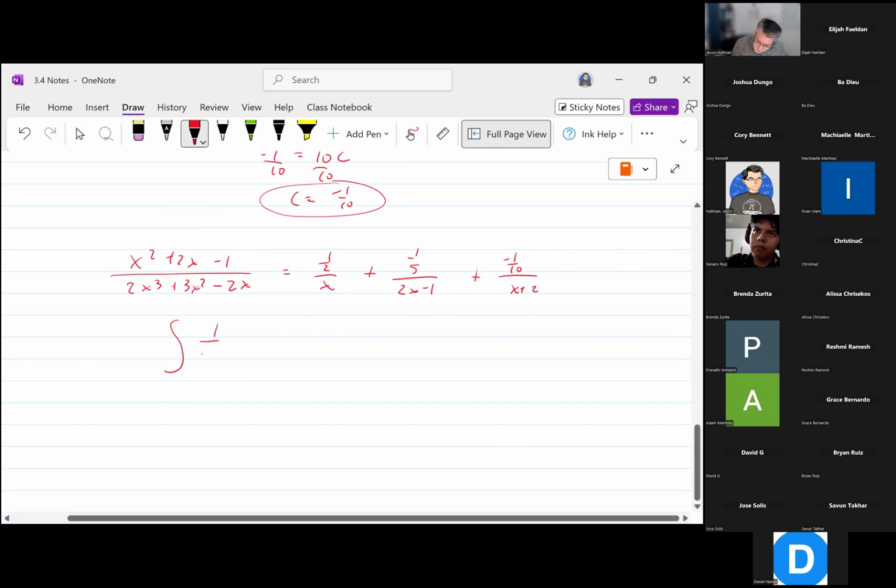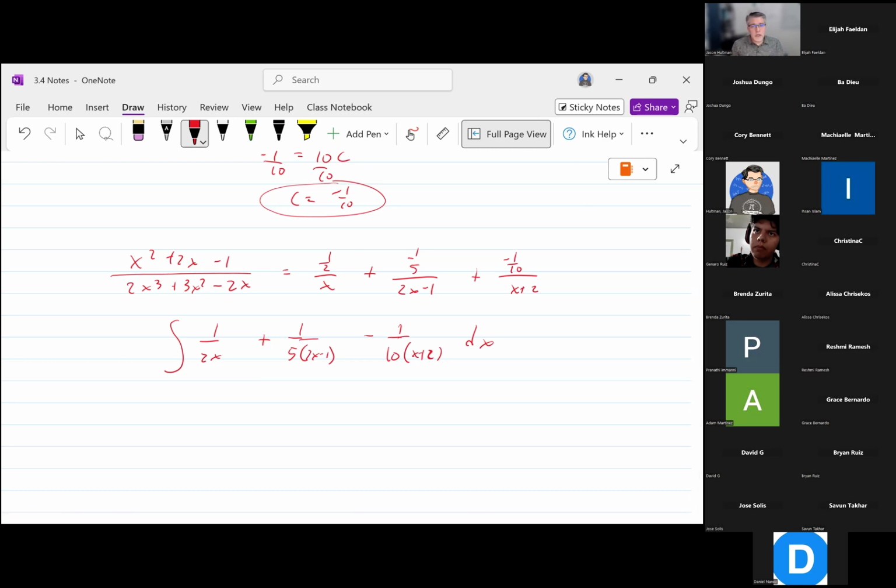So this is going to be 1 over 2x plus 1 over 5 times 2x minus 1 minus 1 over 10 times x plus 2 dx. Okay, so now we've got three separate integrals that we can integrate, which are nice. We can do a u substitution on these and use natural log, okay, to solve them.